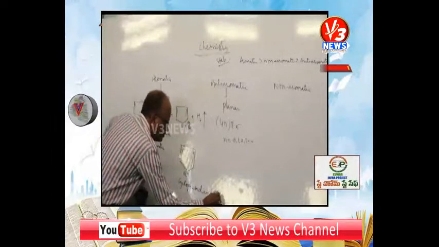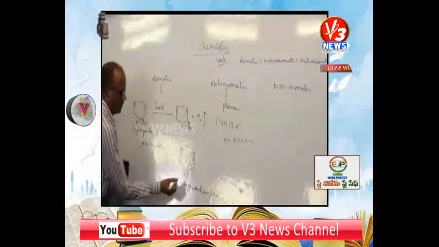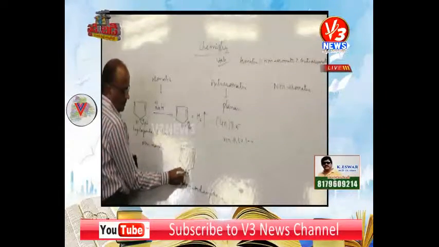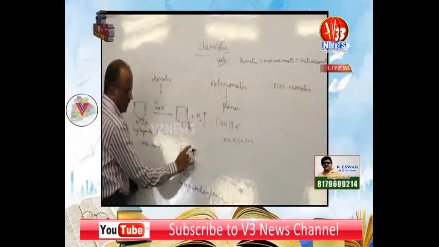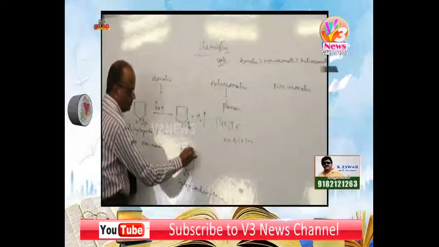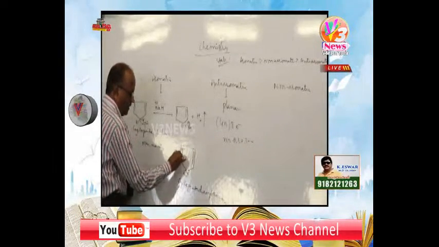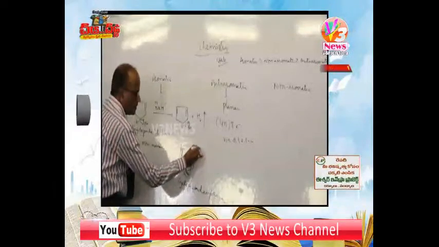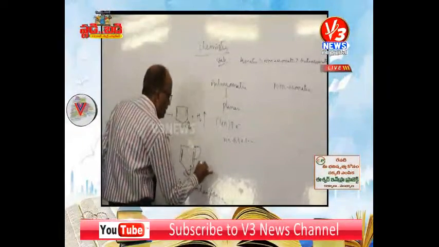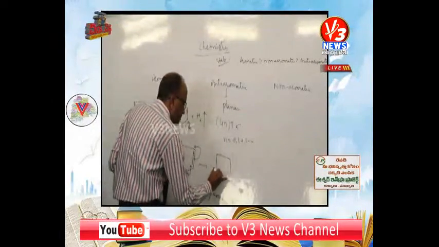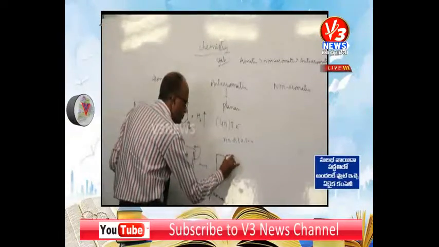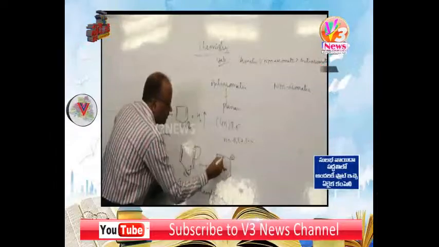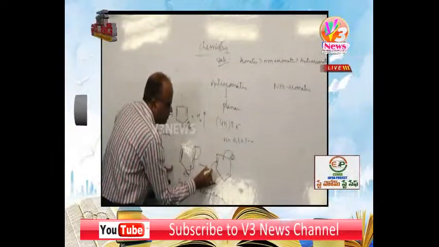Cyclopentadienyl anion. Now this is an electron pair. This electron pair is in conjugation with these pi bonds. When it is in conjugation with the pi bonds, it involves in resonance. So if you see resonating structures, okay. Next resonating structure.